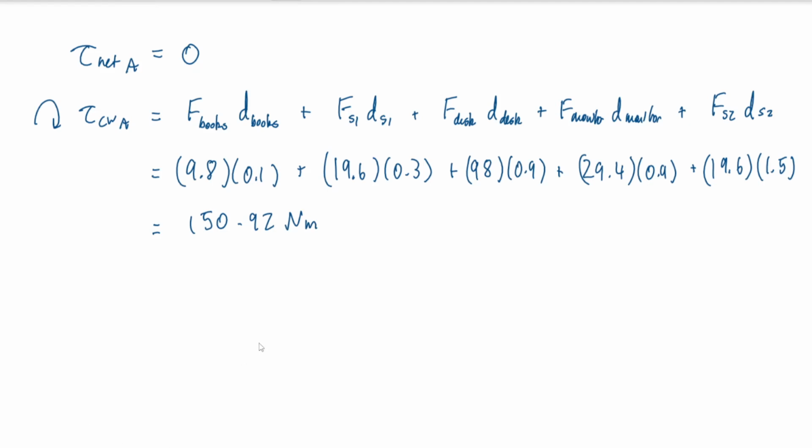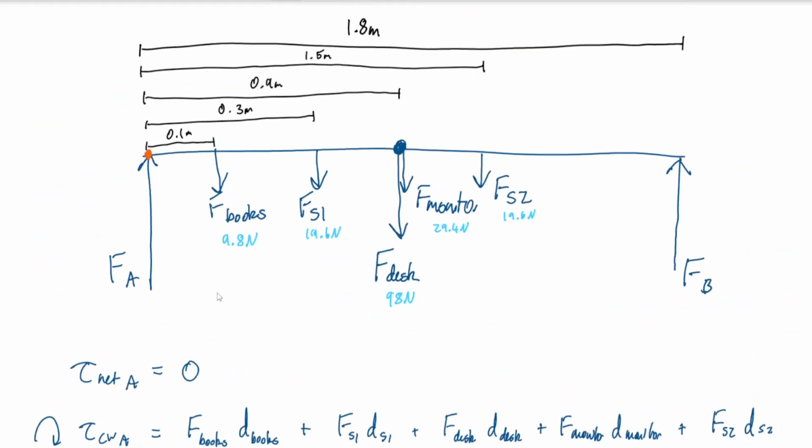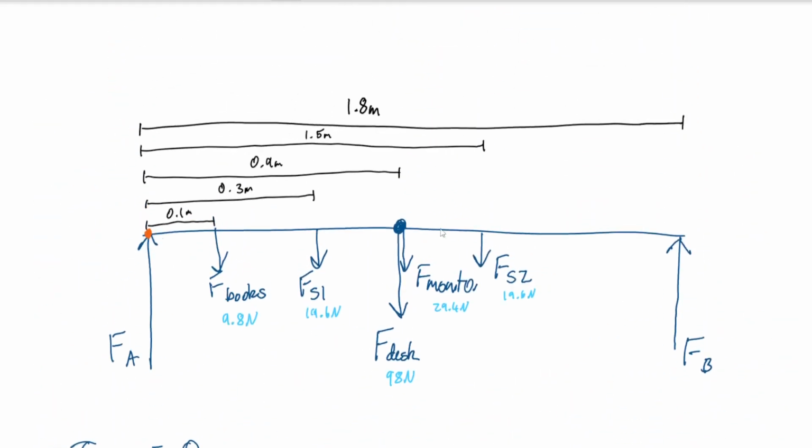To find the net torque, we know we need to find the difference between clockwise and anti-clockwise. In fact, we need to set that difference to be 0. But let's find the torque anti-clockwise about A. Back to our diagram, what is going to want to rotate our desk anti-clockwise? The only force acting upwards on the right hand side of the pivot point is FB.